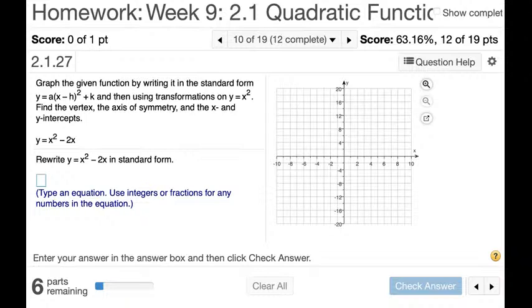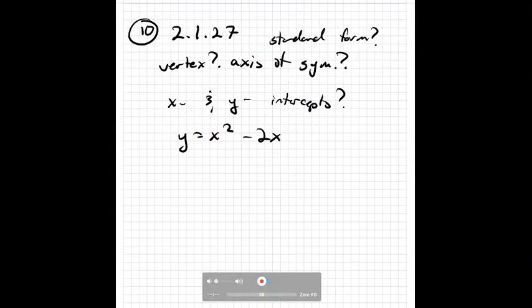And we're given that y equals x squared minus 2x. Writing in standard form. Let me show my notes.